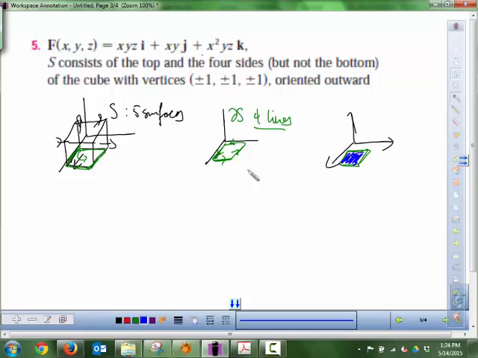Why don't we use that boundary and make another, simpler surface that would have the same boundary as this complicated 5-surface thing? This surface is only one surface, just that cover. It's easier to do a flux on one surface than on 5 surfaces, or line integrals on 4 lines. So I think we'll go with this one.